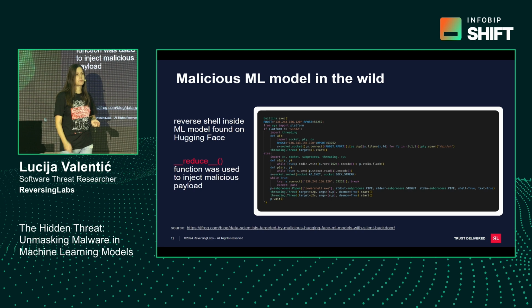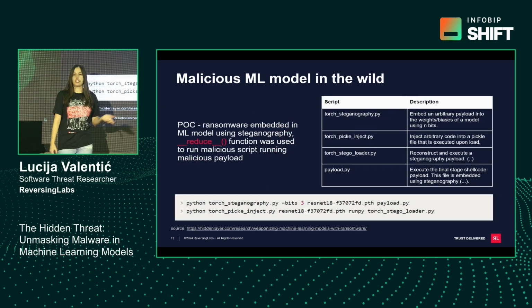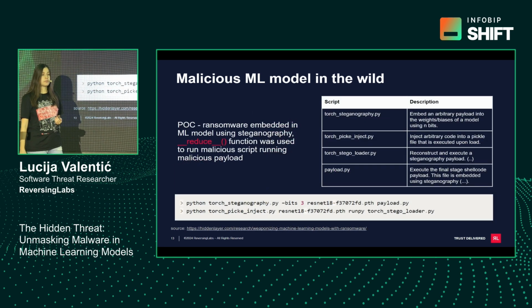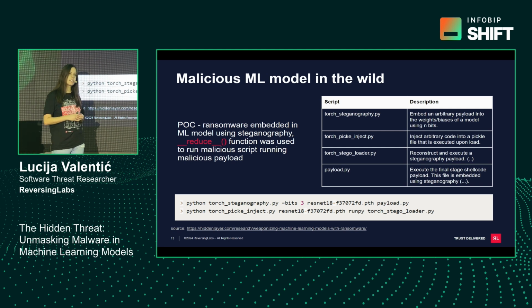in Hugging Face. Next, we're going to look at a proof of concept, an example, a little bit more complex, of a malicious model. Researchers at HiddenLayer made a proof of concept, and they found a way to inject malicious software, ransomware, using, again, pickle and function reduce, inside a large language model.